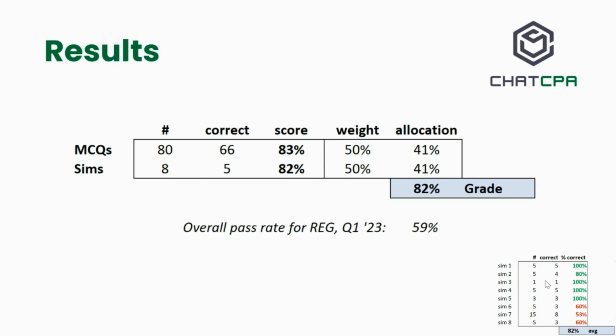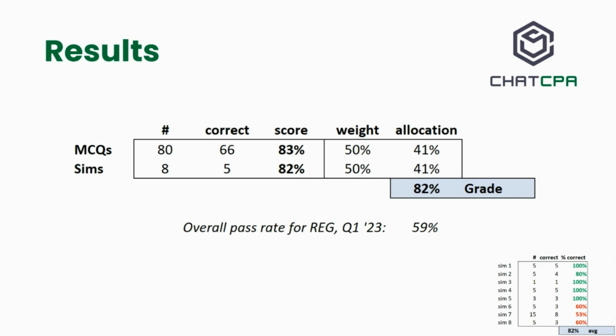If I took the number of questions it got right divided by the number of questions it attempted, it would be skewed downwards in favor of the larger, more abundant question sims, like sim number 7, but on the research question, it only asked 1. So getting that right should be weighted appropriately against some of the larger test bank questions. So that was my logic for giving it an 82 on the sims.